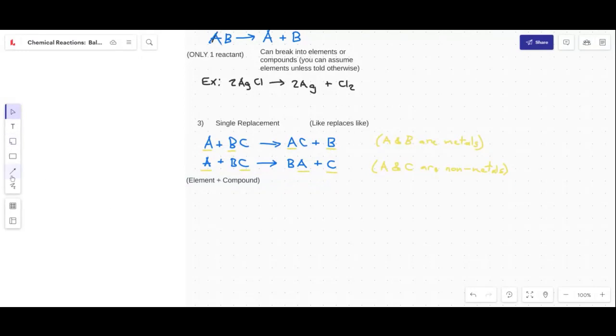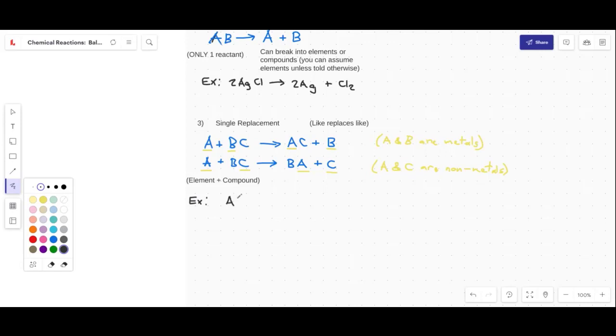But one thing you have to watch for is, since this like replaces like thing just tells you what's replacing, when they switch places, they have to switch places according to their charge.